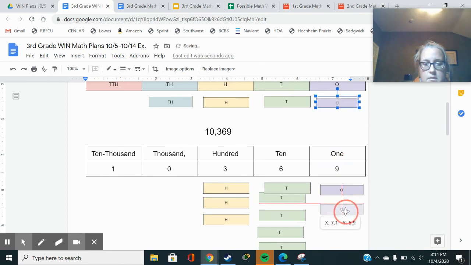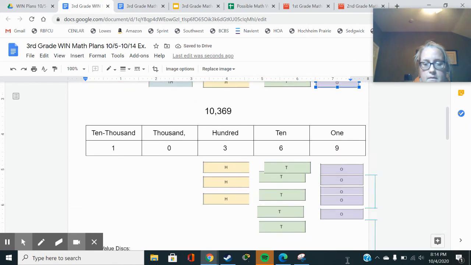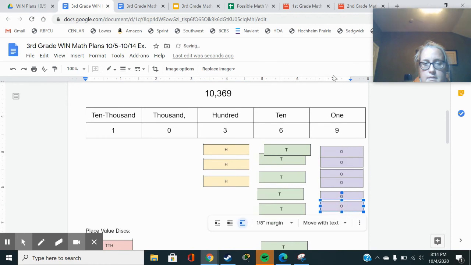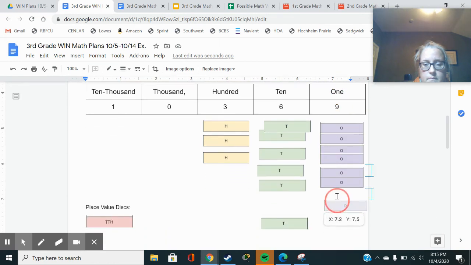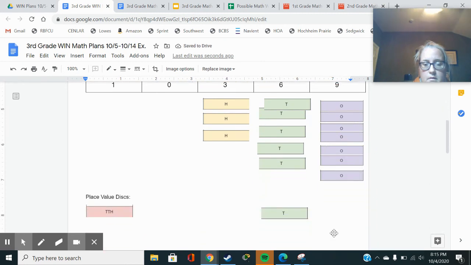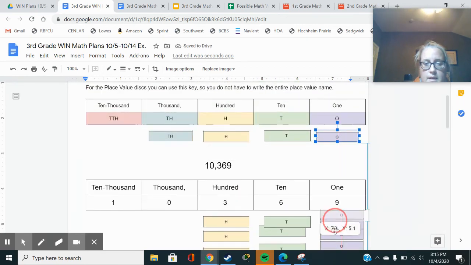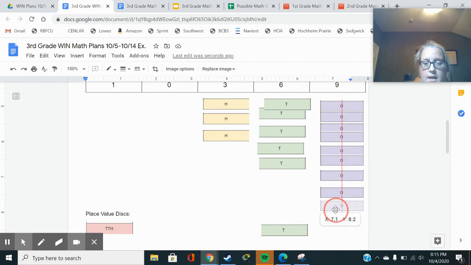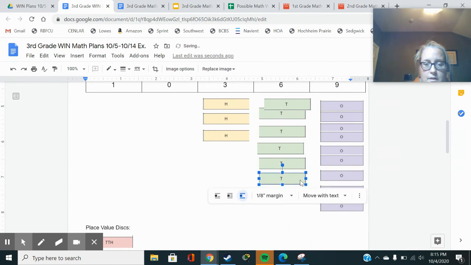1, 2, 3, 4, 5, 6, 7, 8, and 9. Now, I know mine is a little spread out, and it's because me and the computer are having a couple of technical difficulties, but that's okay.